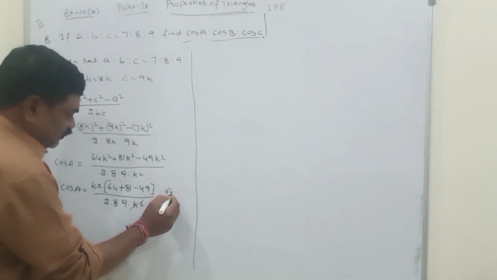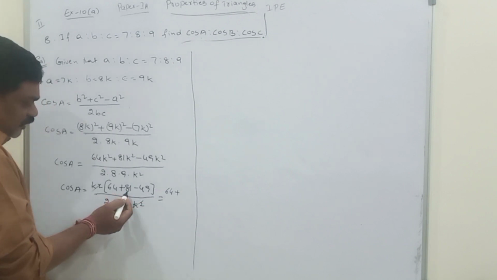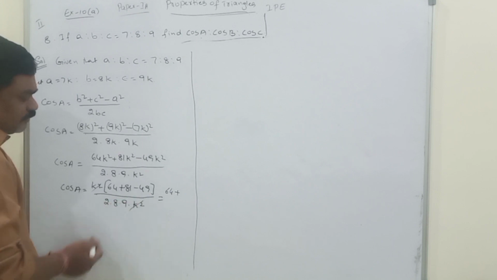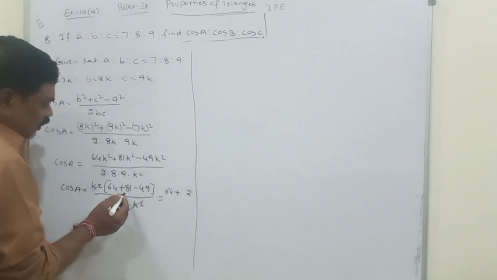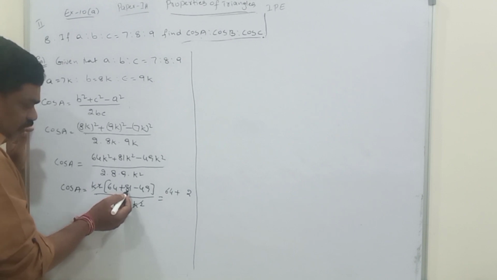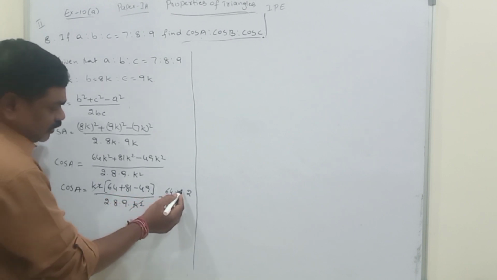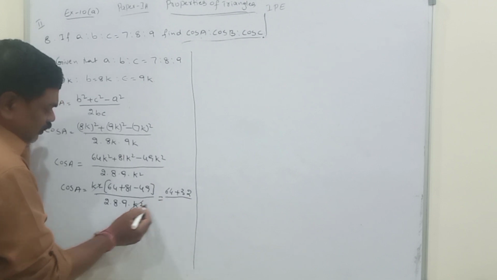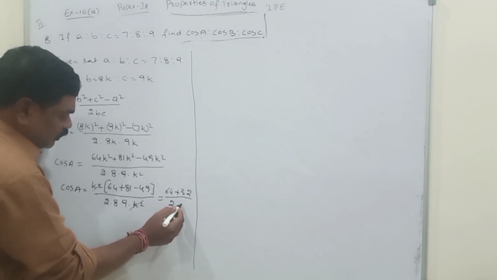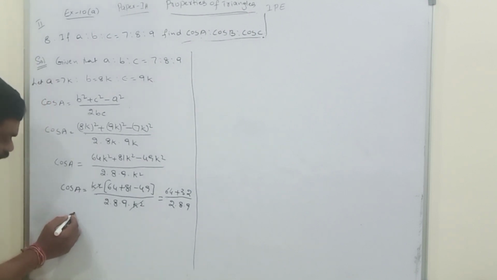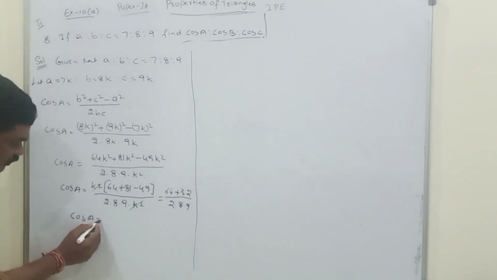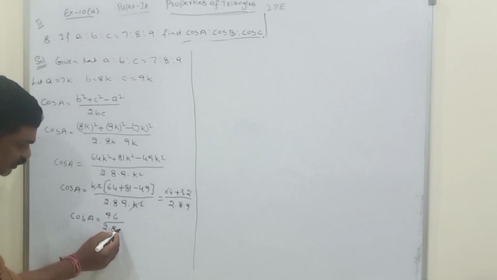So this is 64 plus 81 minus 49. 64 plus 81 minus 49 is 96. So cos A is equal to 96 by 2 into 8 into 9.